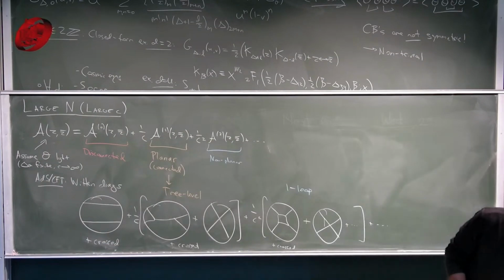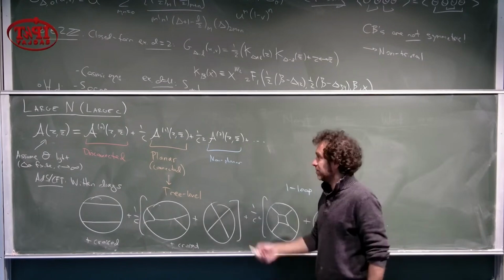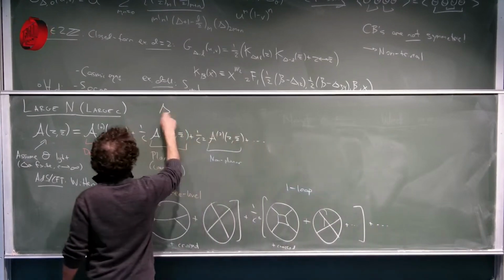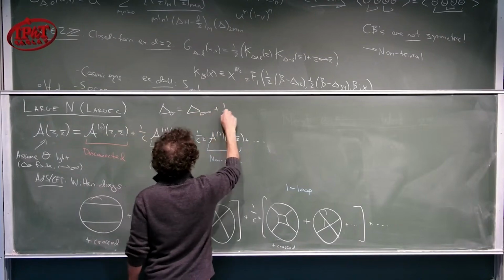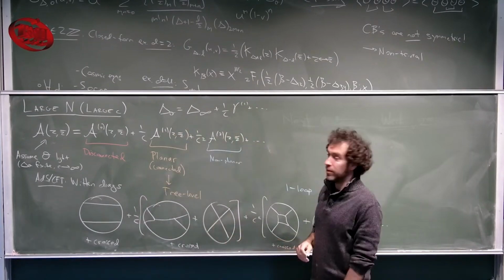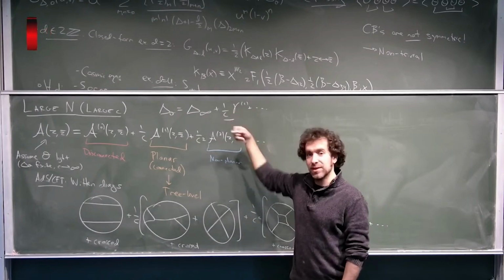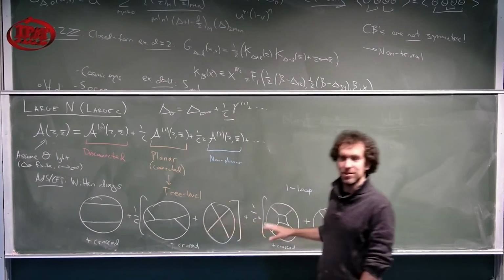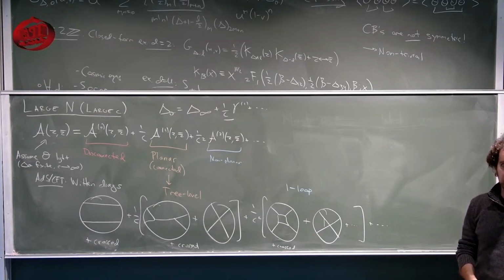But in general, even if O is light, in some protection mechanism, then the dimension delta O will have some delta infinity plus 1 over C. So you have to account for these, and those kinds of tadpole diagrams will give you these types of terms, but then you soak them up, and then you look for the truly new loop level contributions that are giving different kinds of functional forms to the 4-point function.